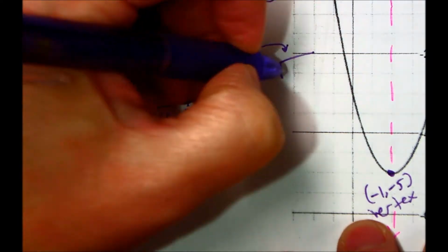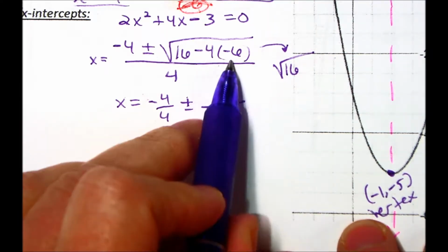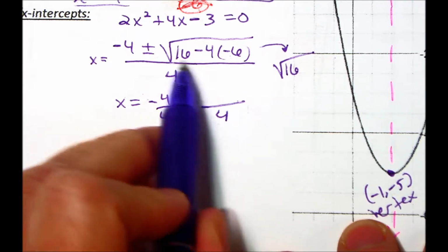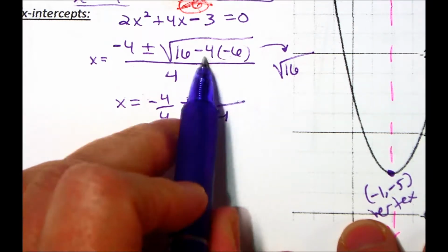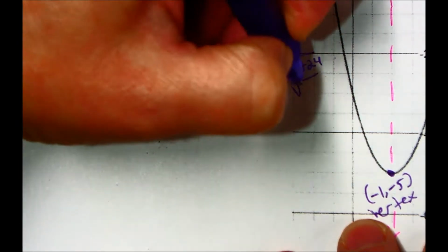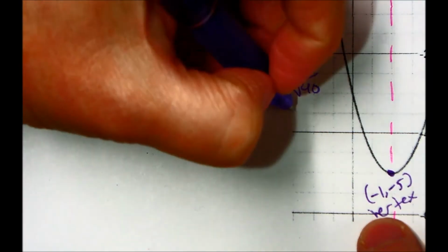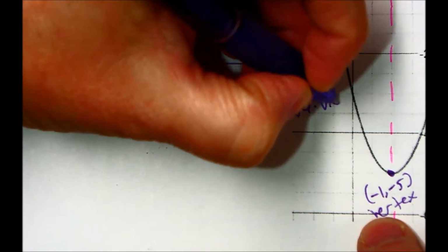So the 16 has to wait because we have to multiply before we combine with the 16. So multiplication comes before addition or subtraction. -6 times -4 is a positive 24. So then when I add those together, I get the square root of 40, which is not a perfect square, but it does have a factor that is. 4 is a factor of 40, and it's a perfect square.